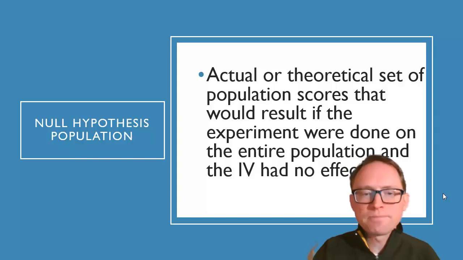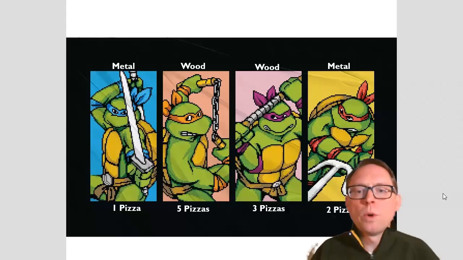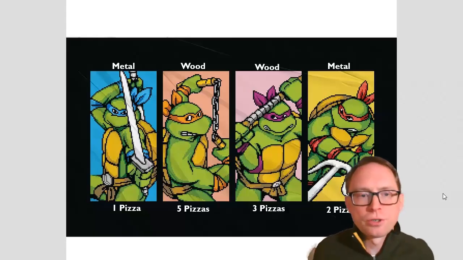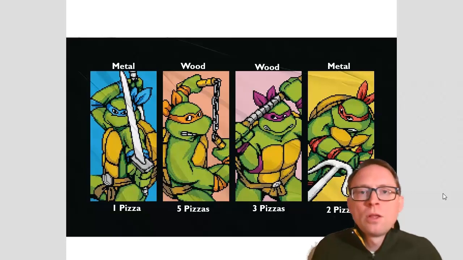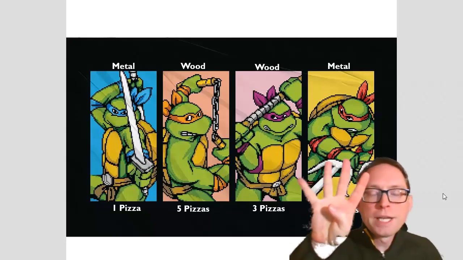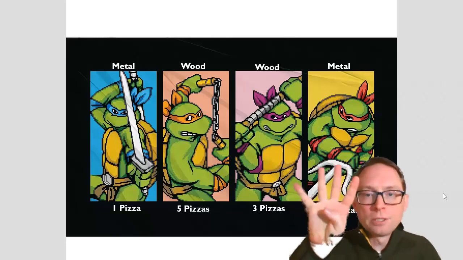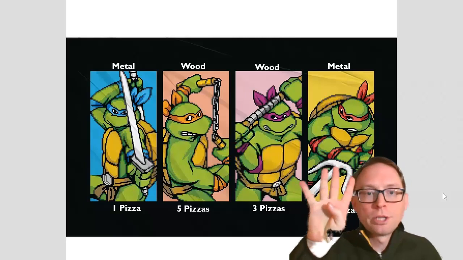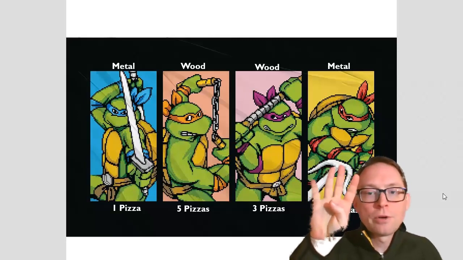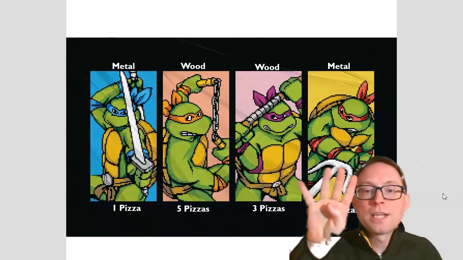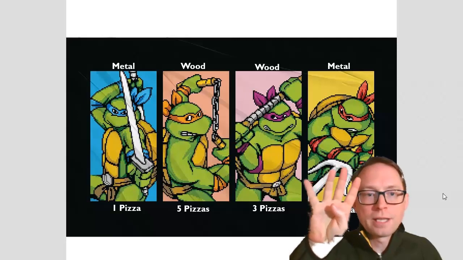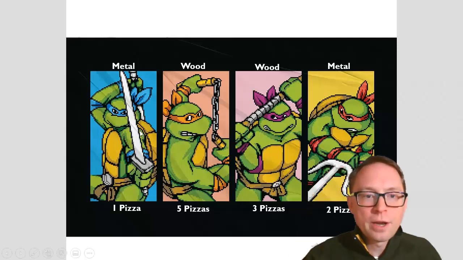Let's go through an example of this with Teenage Mutant Ninja Turtles. So there's a population of 4 Teenage Mutant Ninja Turtles. That's all, in the entire population. Leonardo, Michelangelo, Donatello, and Raphael, those are the 4 in the entire population. This first one right here, that's Leonardo, right?